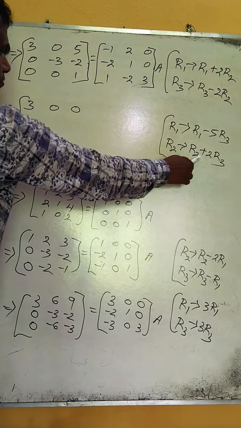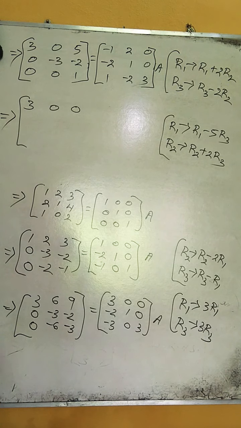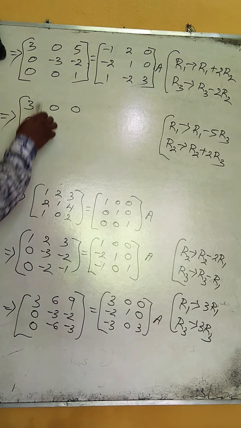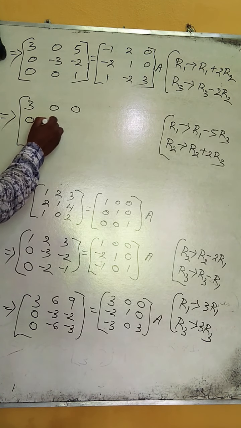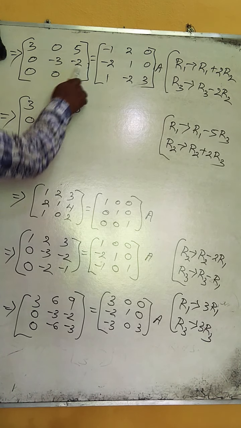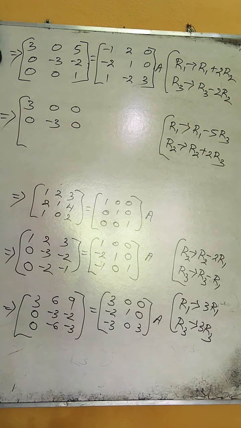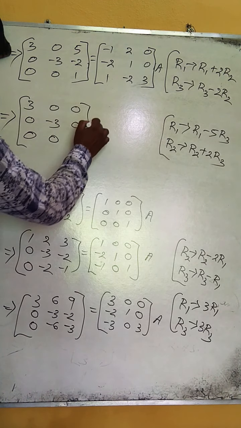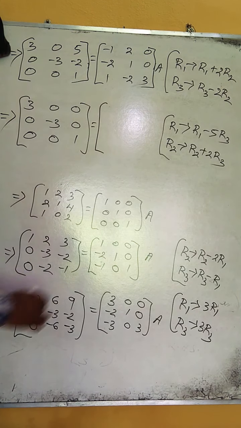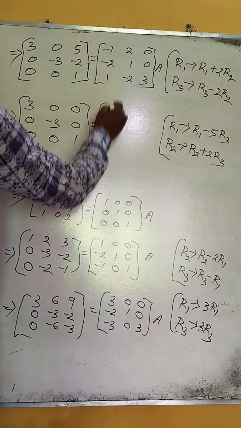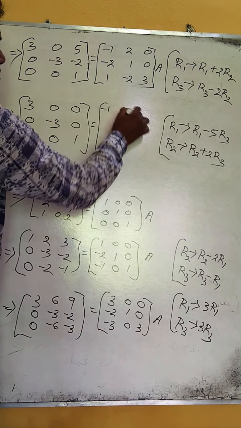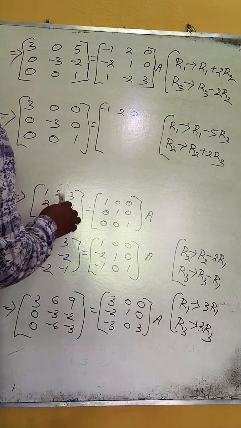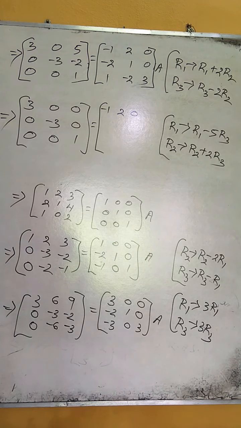Similarly, R2 plus 2R3: 0, minus 3, 0, and 0, 0, 1. On the right, the same: minus 1, 2, 0.